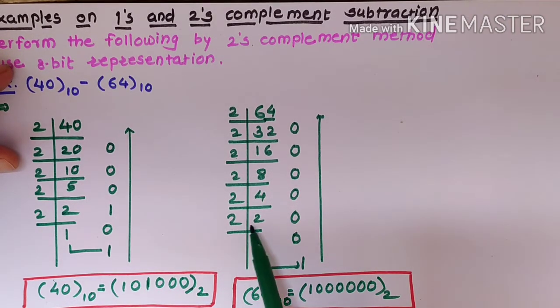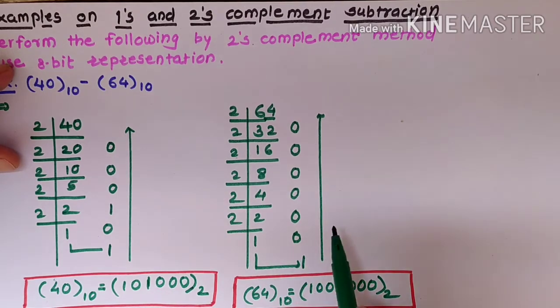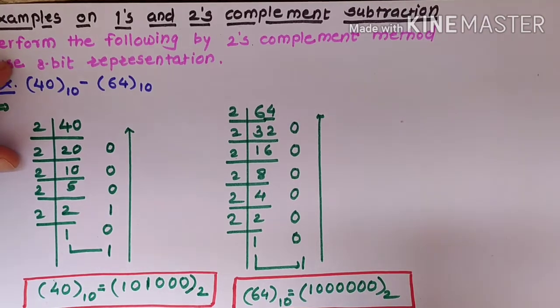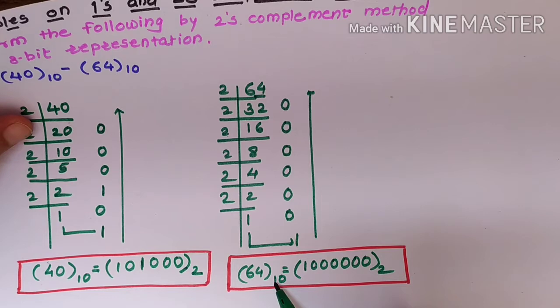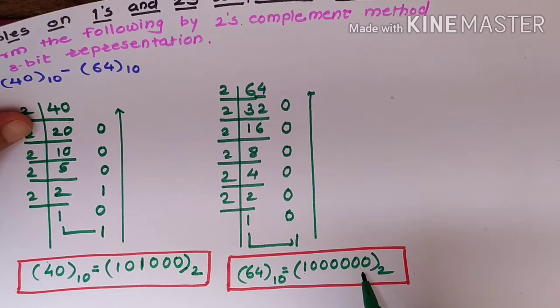Again 2 1s are 2, remainder 0. At last this is a 1 and we take this 1 as the MSB. So the equivalent binary of 64 decimal is 1 0 0 0 0 0 0.